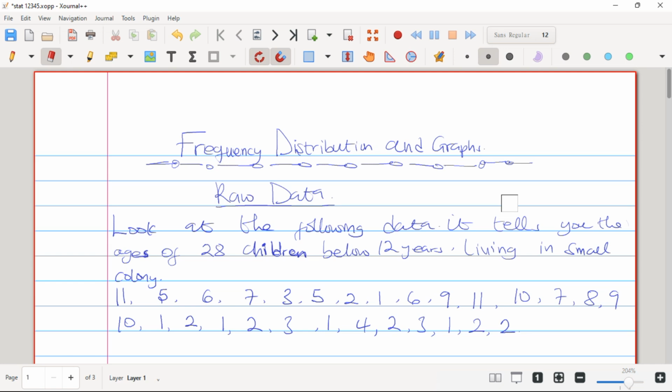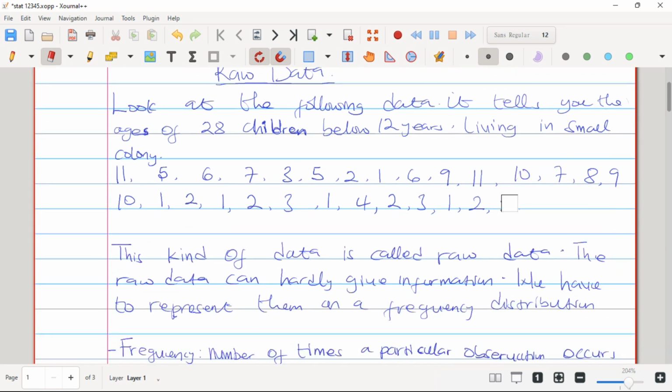With these 28, we want those individuals whose age is less than 12. These are the list of the data that we have. We have someone who has the age of 11, 5, 6, 7, 3, 5, 2, 1. This is the 28 raw data that we have.